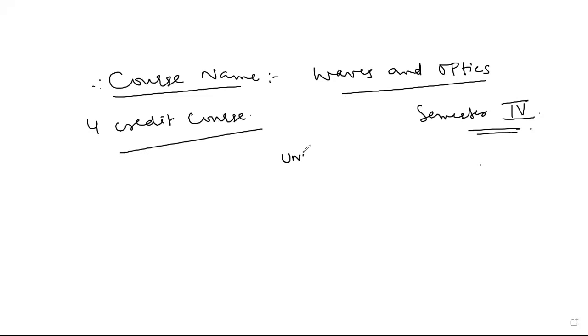Unit first, then there is unit second, then we have unit third, unit 4. Unit first is about superposition of oscillations and some general properties of wave motion.